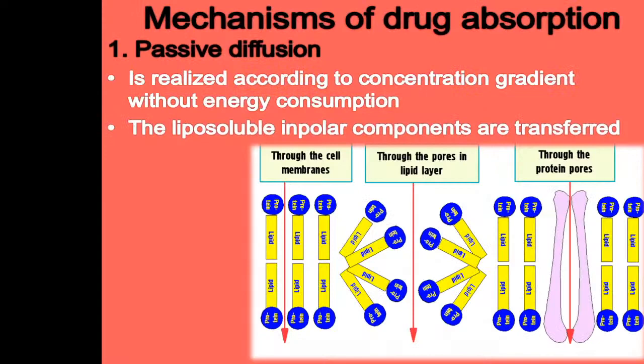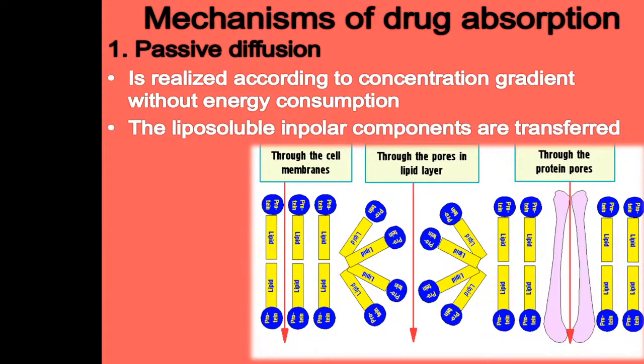the mechanisms of drug absorption. There are several mechanisms of absorption. We should understand that drug molecules can be absorbed via the cell membrane of the epithelial cell, and can be absorbed through the pores in between cells.